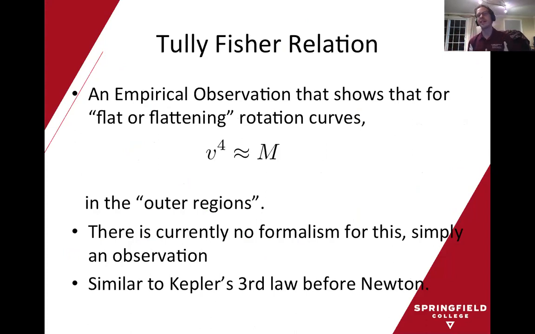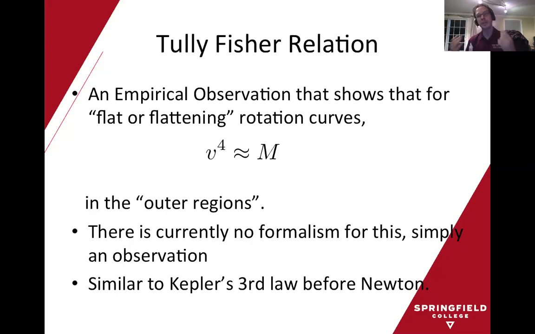But what it basically says is that for a given galaxy, if you take the last data point that you can possibly observe about that galaxy, you take its velocity and you raise it to the 4th power, that number usually comes out pretty much proportional to the mass of that galaxy. It seems to be some sort of universal thing that galaxies are obeying, which is important for us.